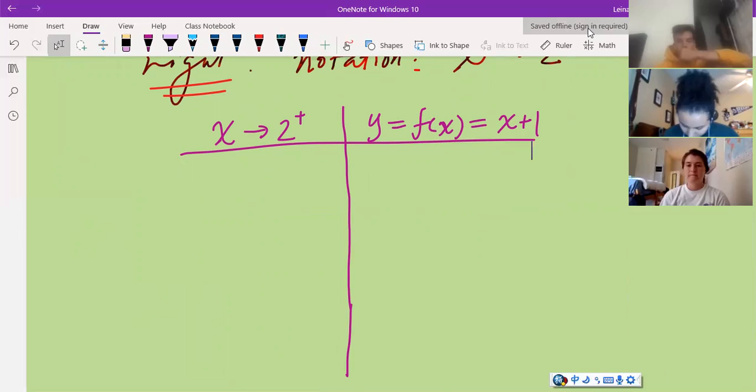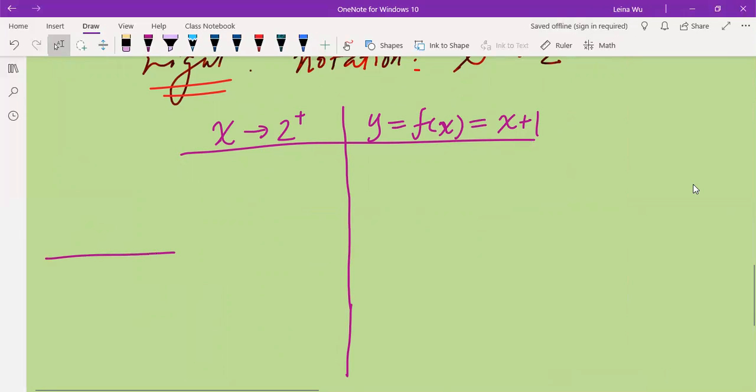If I draw a number line, here is 2, approaching 2 from the right. Here's my x. You may start from 2.5, and getting closer to 2, I can go to 2.3.